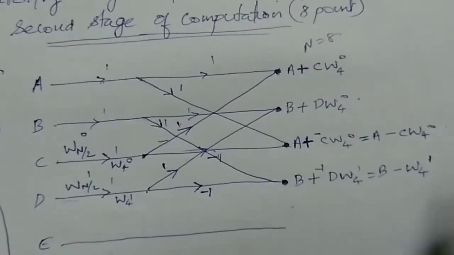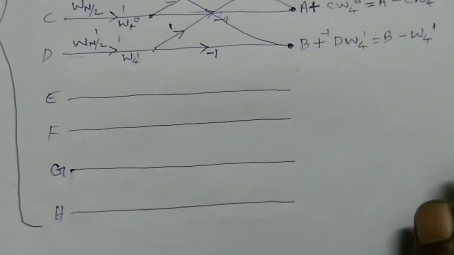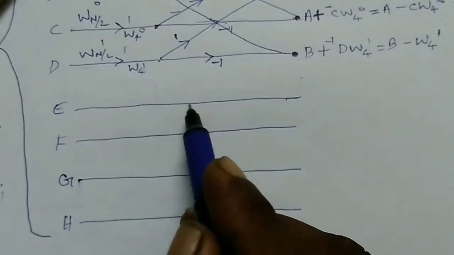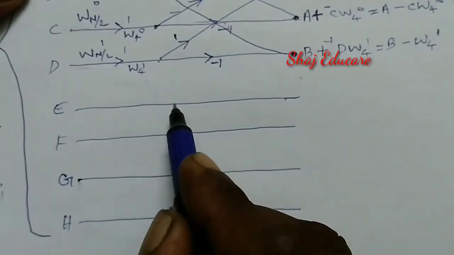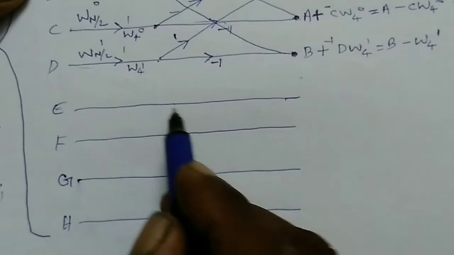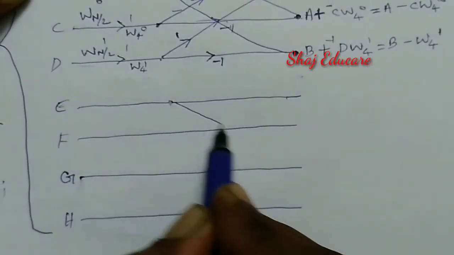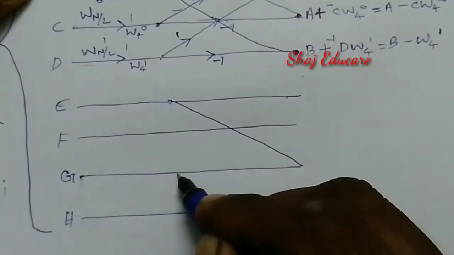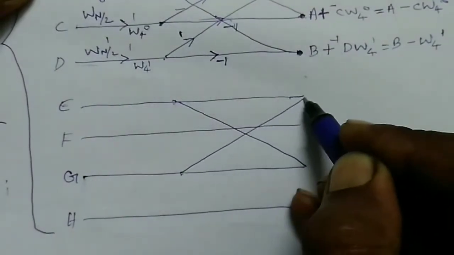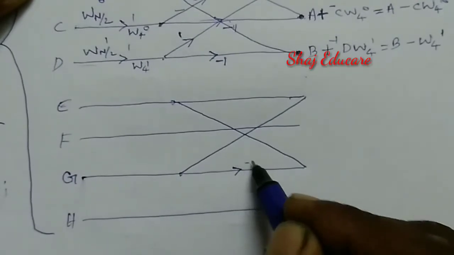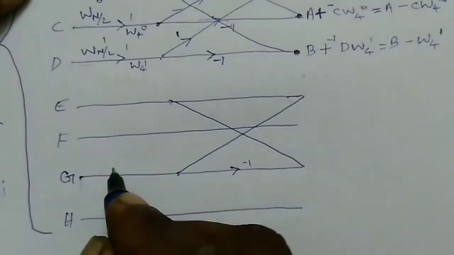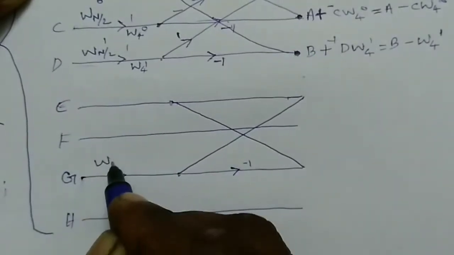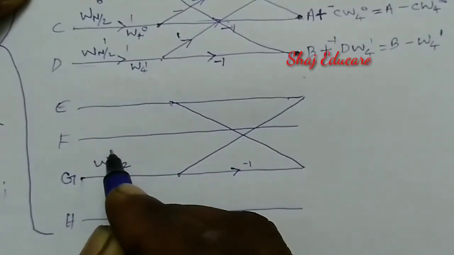Now let us complete the butterfly diagram for the next 4 inputs. Here from E to G, and now complete the diagram from G to E. The gain here will be minus 1, and here we have the phase factor W_(N/2) raised to 0.